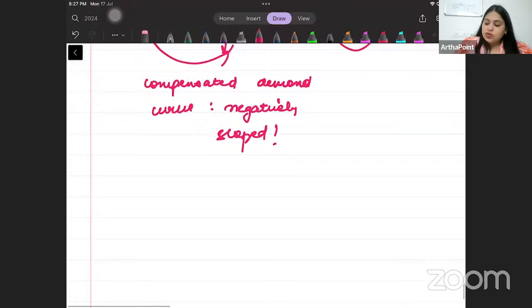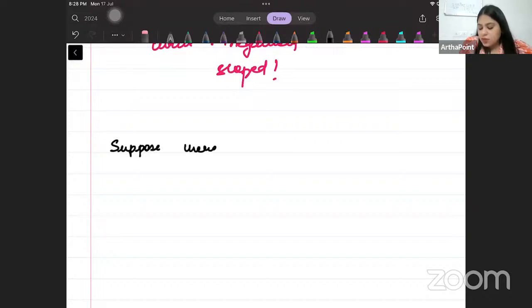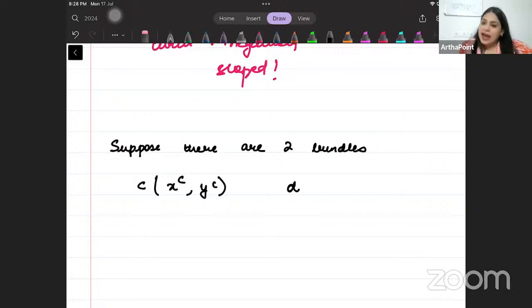So, to do that, please start by saying that suppose there are two bundles. The first bundle is C and the second bundle is D, right? This bundle C is showing the demand of good X and Y, and D is also showing the demand of good X and Y, right?